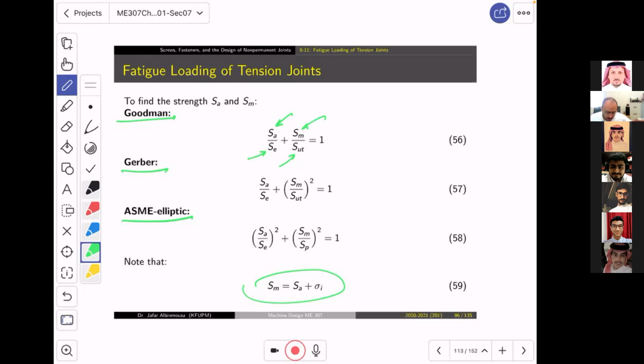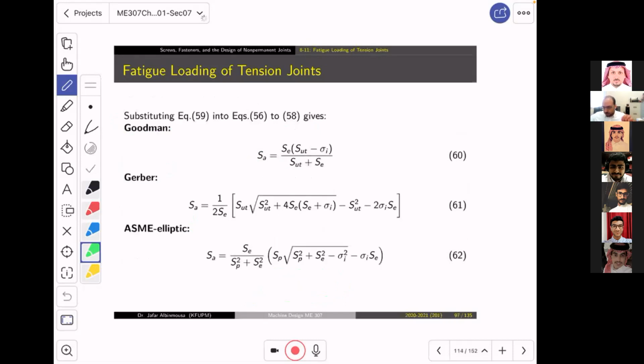Now, if we substitute these inside Goodman, we will be able, through Goodman, to know what the strength amplitude is. What does this mean? It means that based on Goodman, you will know the maximum amplitude that you can apply such that the bolt is safe.